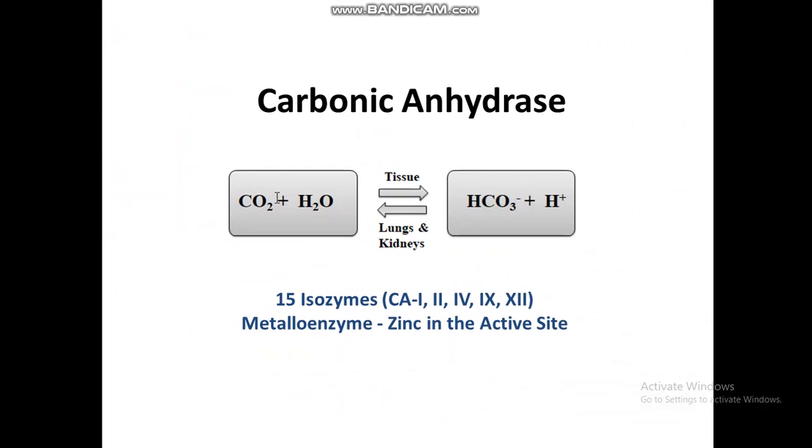So first of all, our study was against carbonic anhydrases. So we should know what carbonic anhydrase is and its function in our body. It is a metalloenzyme, and it catalyzes the interconversion of carbon dioxide and bicarbonate ion in different parts of the body, like tissue, lungs and kidneys, etc. There are 15 carbonic anhydrase isozymes, out of which 1, 2, 9, 4, and 12 are most important.